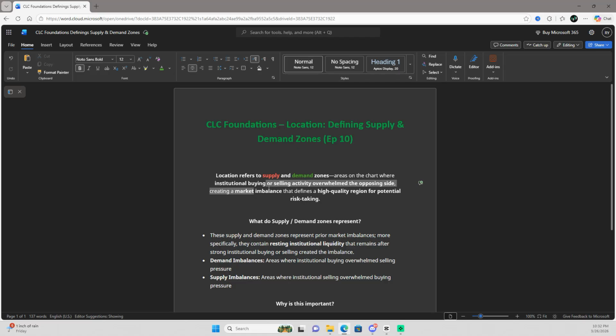That created an imbalance in the market. And so that location where that imbalance exists acts as a high quality region for us to potentially exercise our risk at upon revisit of that imbalance. So on a surface level, that's what these supply and demand zones are. They are areas in the market that have transitioned from balance to imbalance.